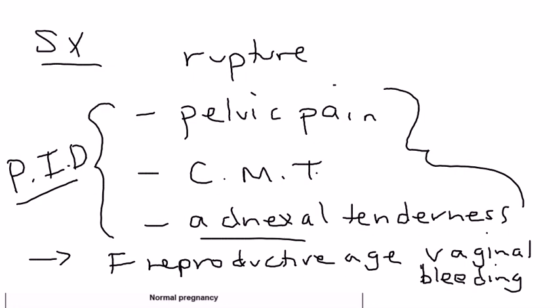And another important thing is if she does not know when her last menstrual period was. So those are the key things to differentiate pelvic inflammatory disease from ectopic pregnancy.